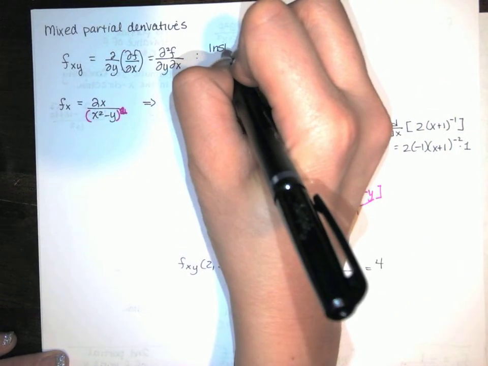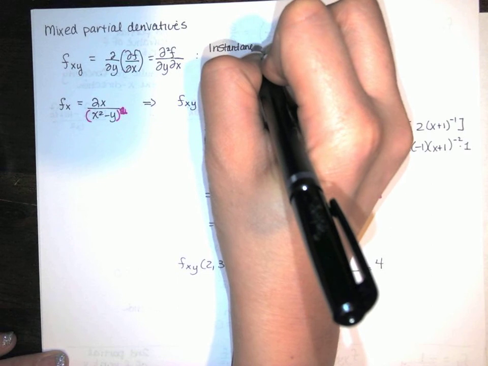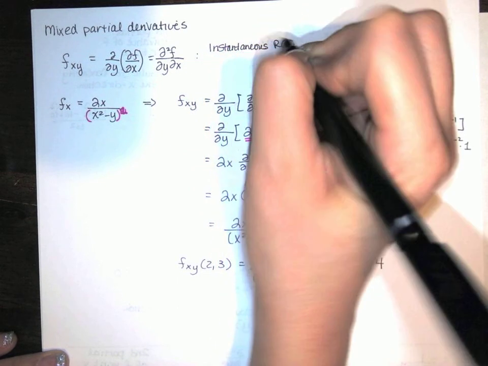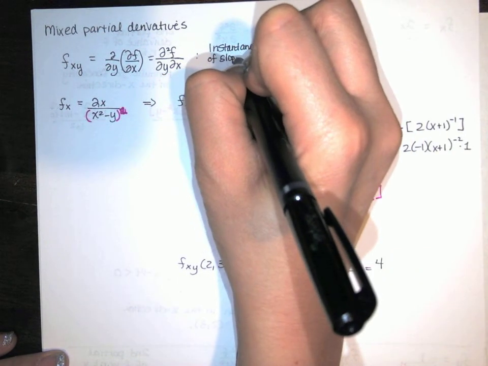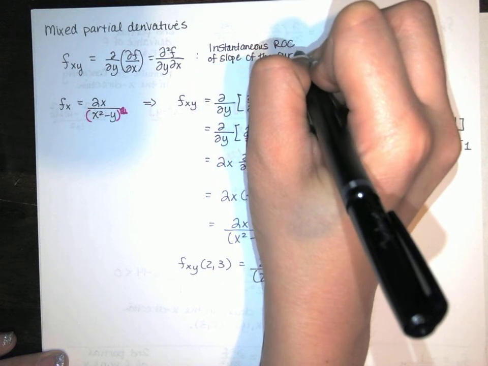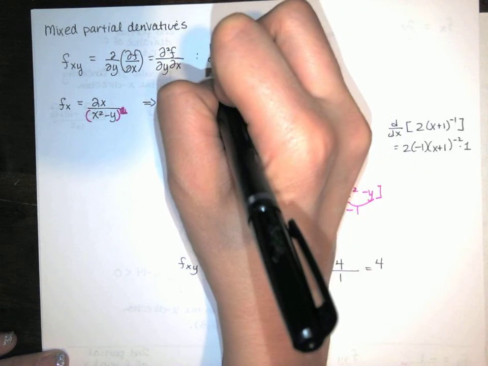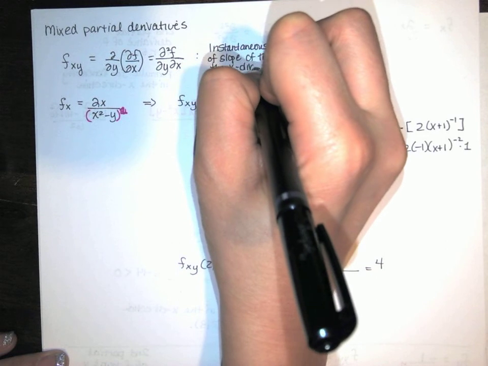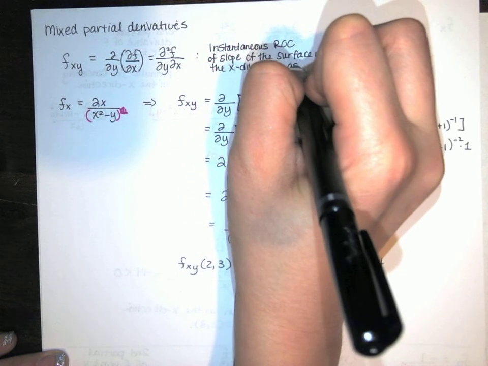So this is the instantaneous rate of change of the slope of the surface in the x direction as y changes.